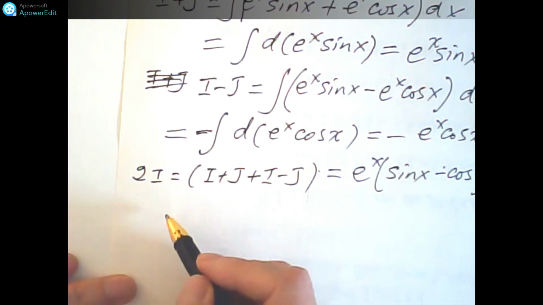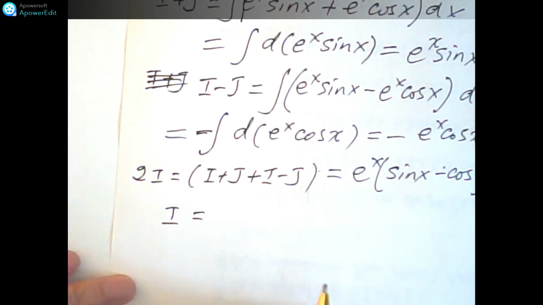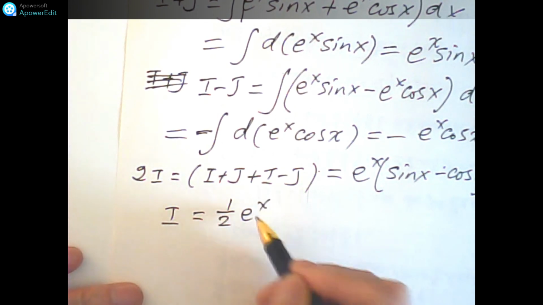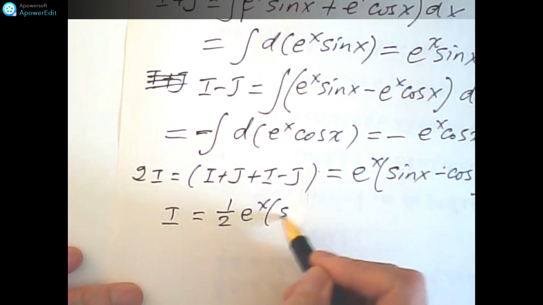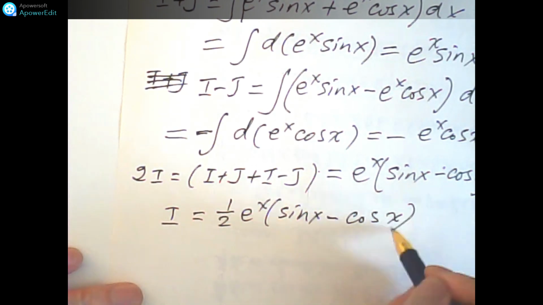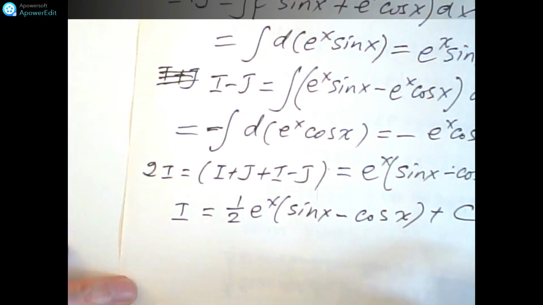Then divided by 2. So my I is equal to 1/2 e to the x times sine x minus cosine x plus c. Yeah. See, very easy. Very easy using this method.